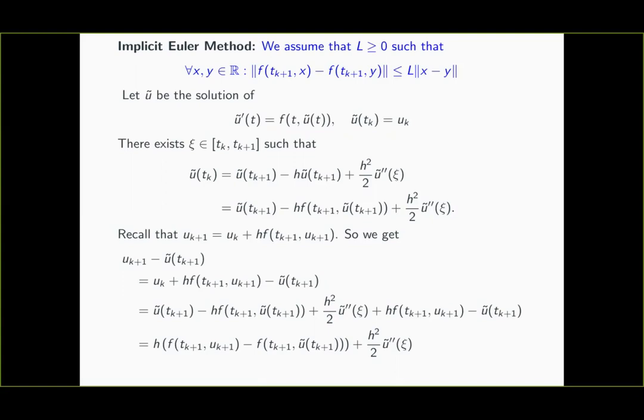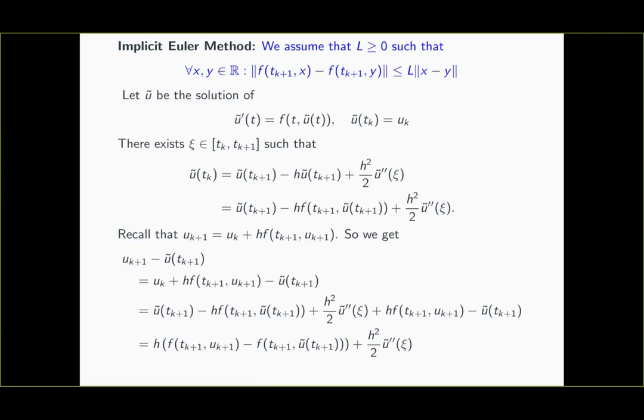And then on the other hand, we are dealing with the implicit Euler method. So we know that u_{k+1} equals u_k plus h times f at time t_{k+1}, u_{k+1}. So we can start analyzing the local discretization error at time t_{k+1}, which is u_{k+1} minus u tilde at time t_{k+1}.